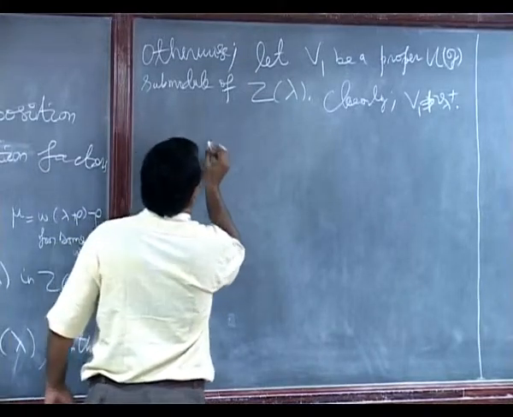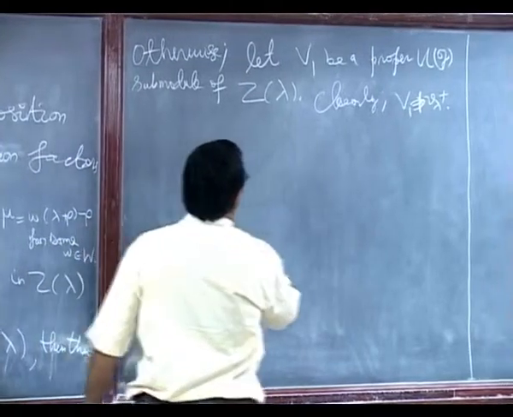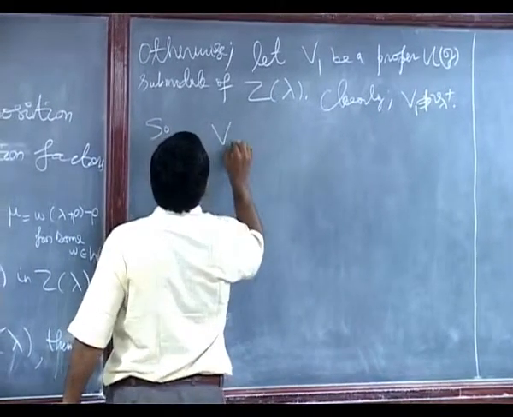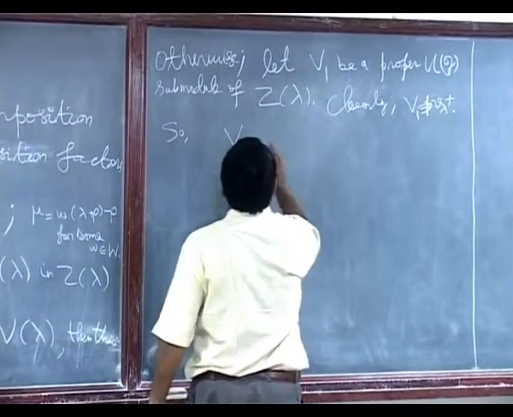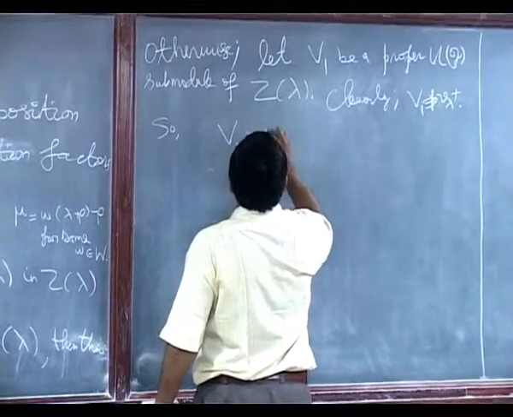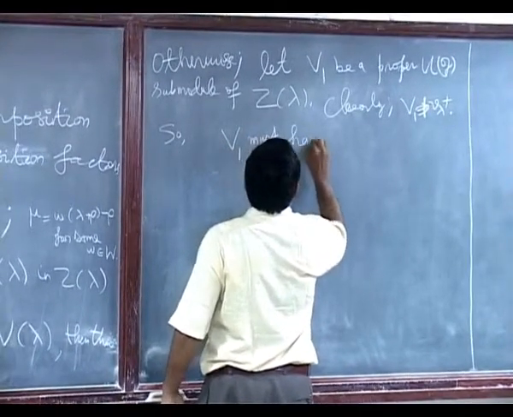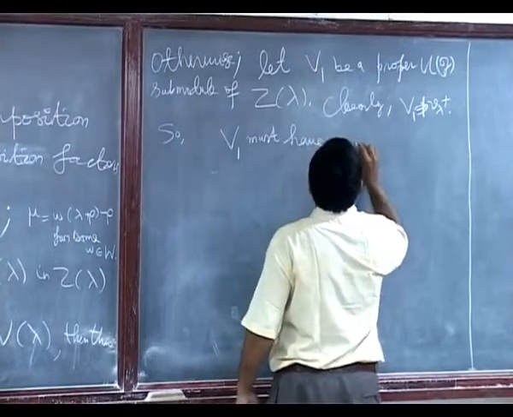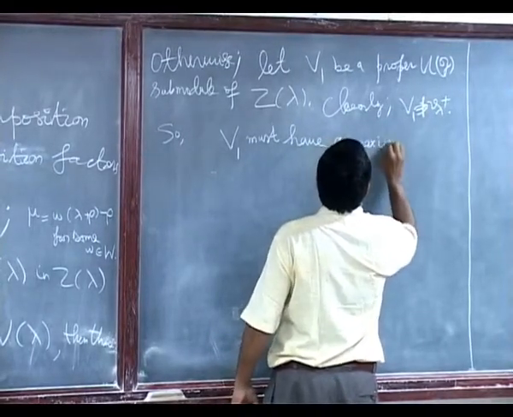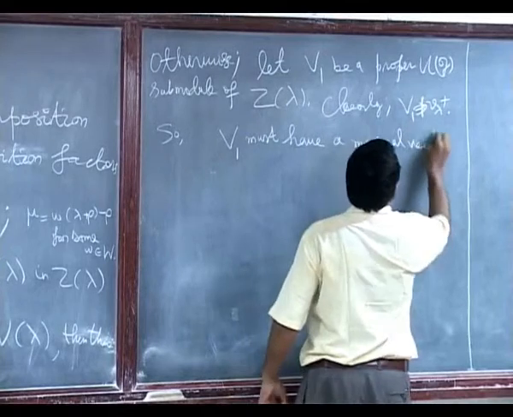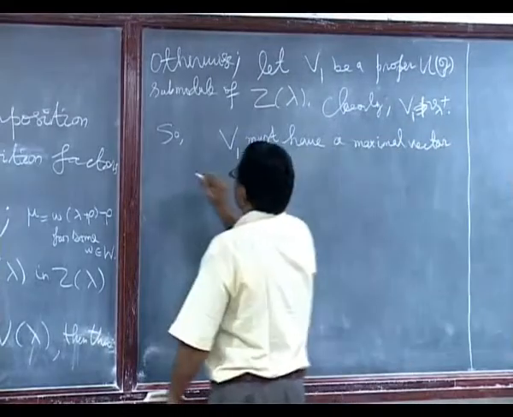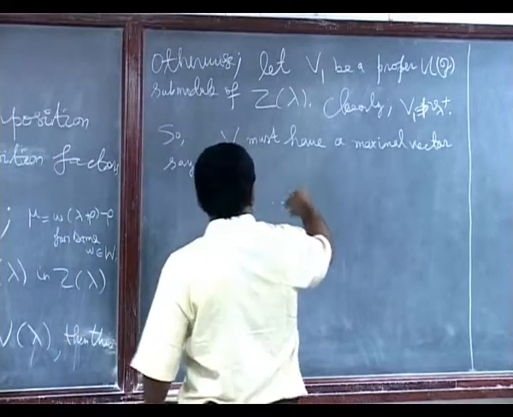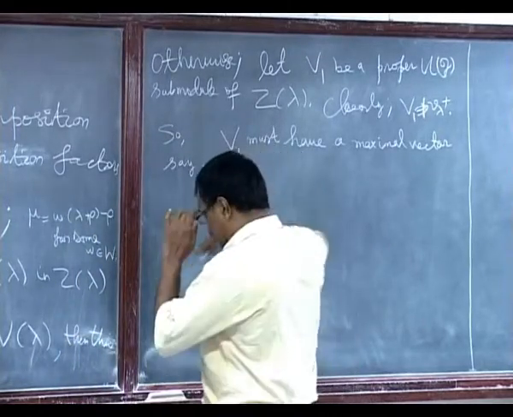So now look at. So then, V1 must have a maximal vector, say v. This is because you can use this theorem. Okay, finite dimensional.